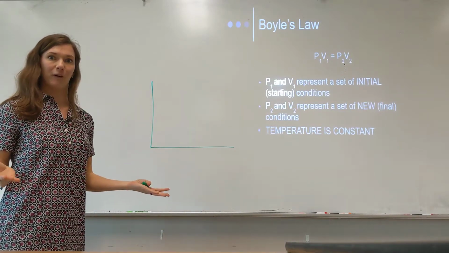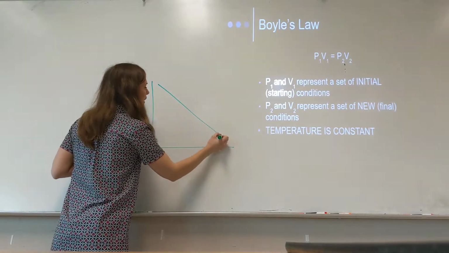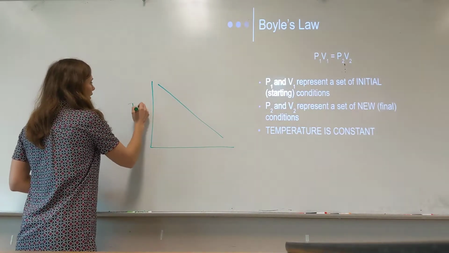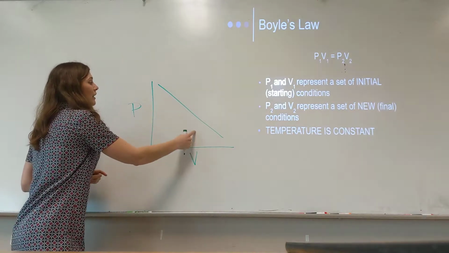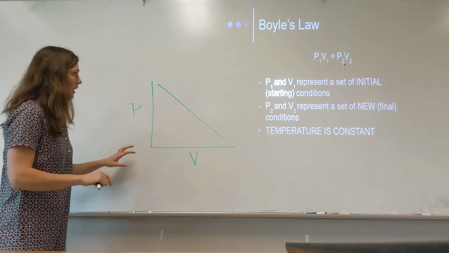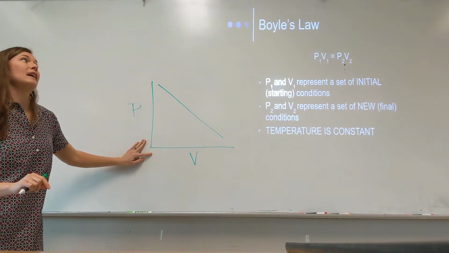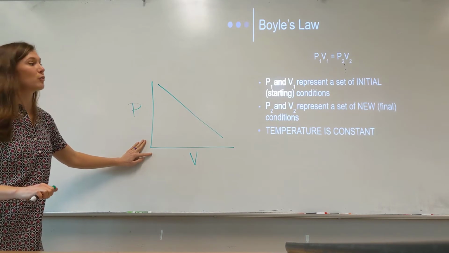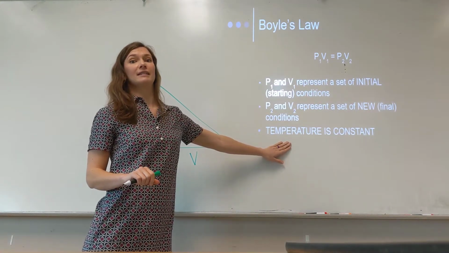Since you're not sitting right in front of me, I will go ahead and tell you that if they're being multiplied by one another, they are going to be inversely or indirectly proportional. So if I have pressure on one axis and volume on the other, they're indirectly proportional, which means this one goes up, the other goes down. All right. So Boyle's law states that pressure and volume are inversely proportional to one another when temperature is constant.